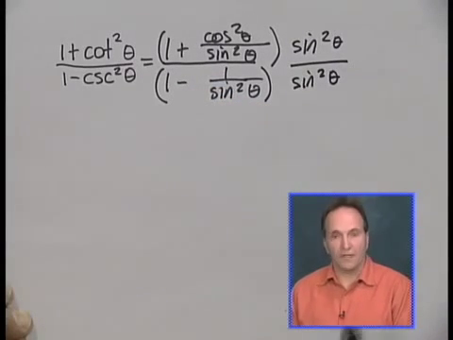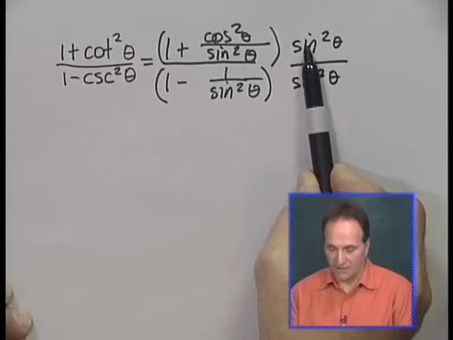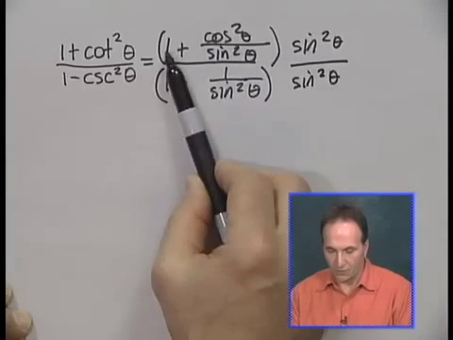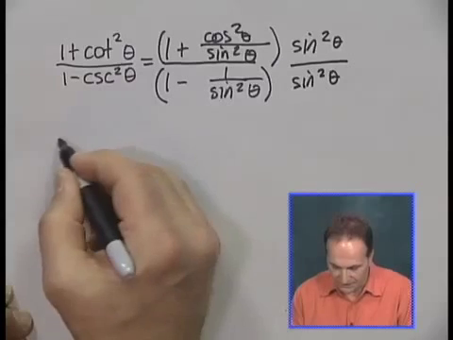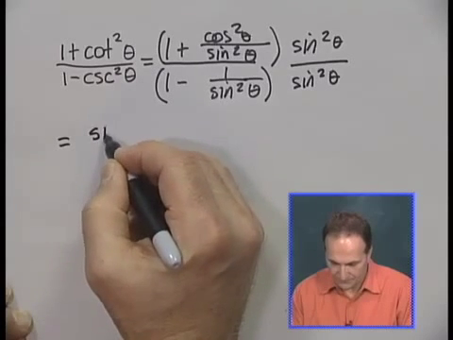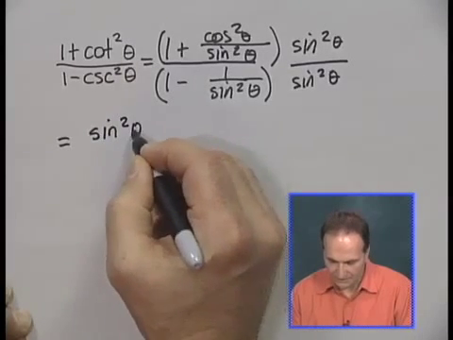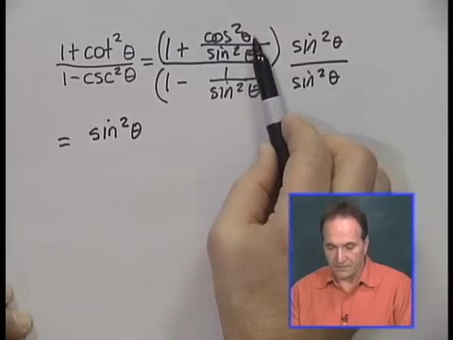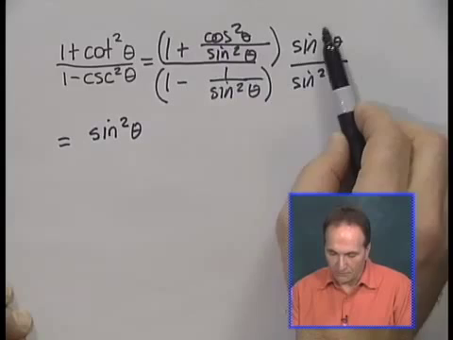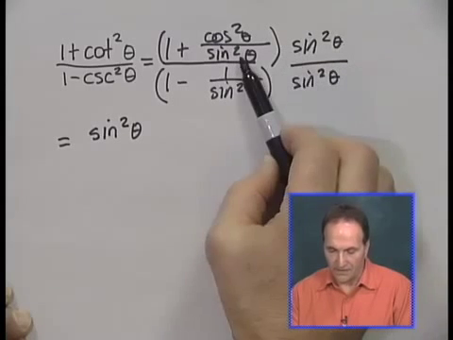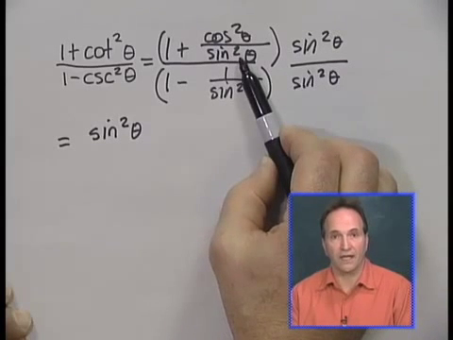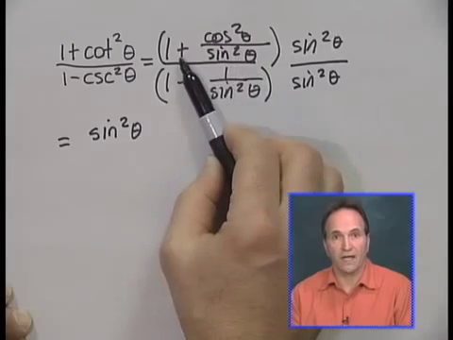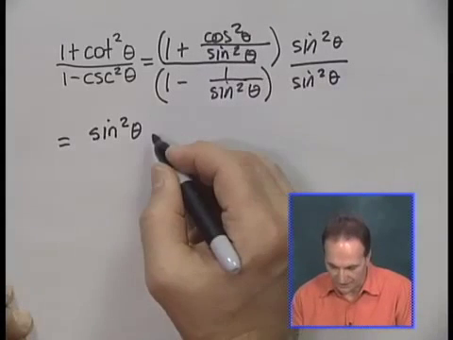And so when we do this, of course, we must distribute this into the parentheses. So 1 times sine squared theta gives us sine squared theta. When we multiply sine squared theta times this quotient, we can remove a factor of 1. The sine squared theta divided by the sine squared theta is equal to 1, so we have plus cosine squared theta.